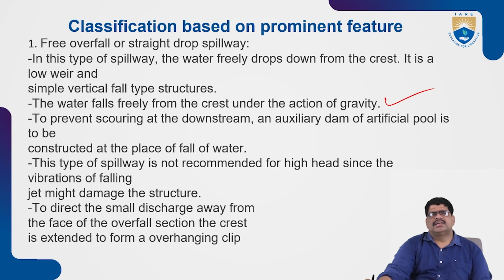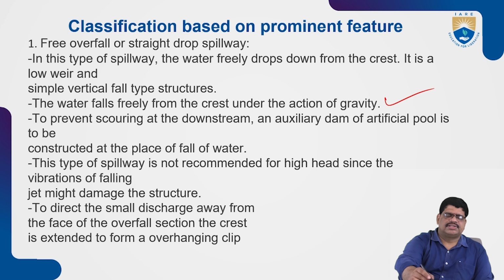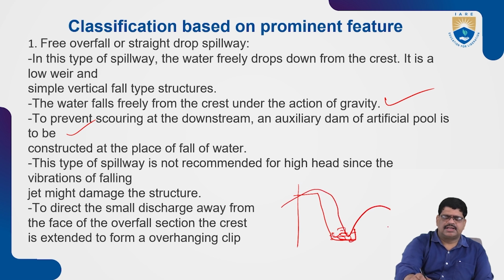Next, they prevent storing on the downstream side, so auxiliary dams and artificial pools can be provided. As I told, artificial pools can be provided. As you can see, some pools can be provided here. Then the floods will come and flow over that.